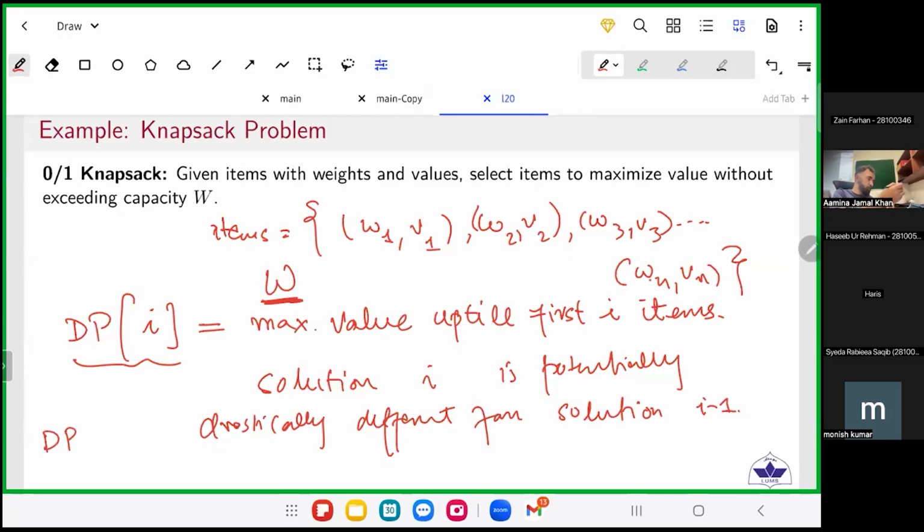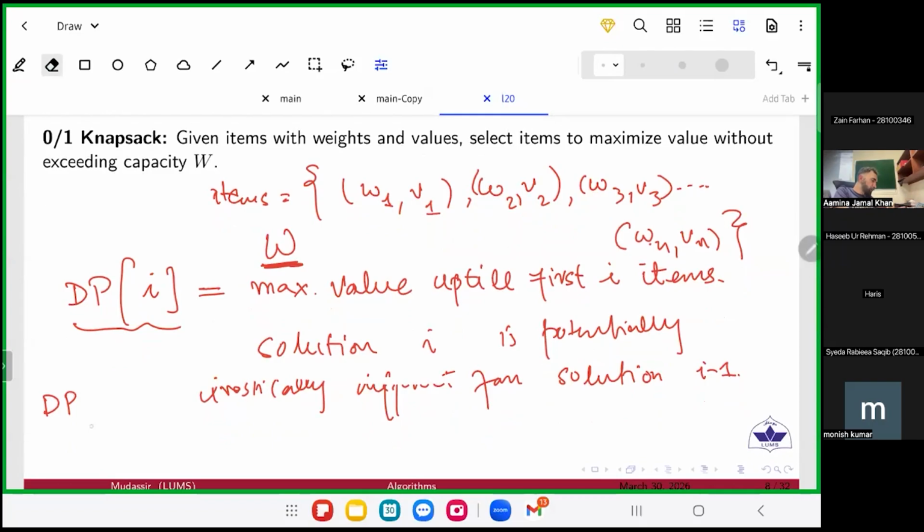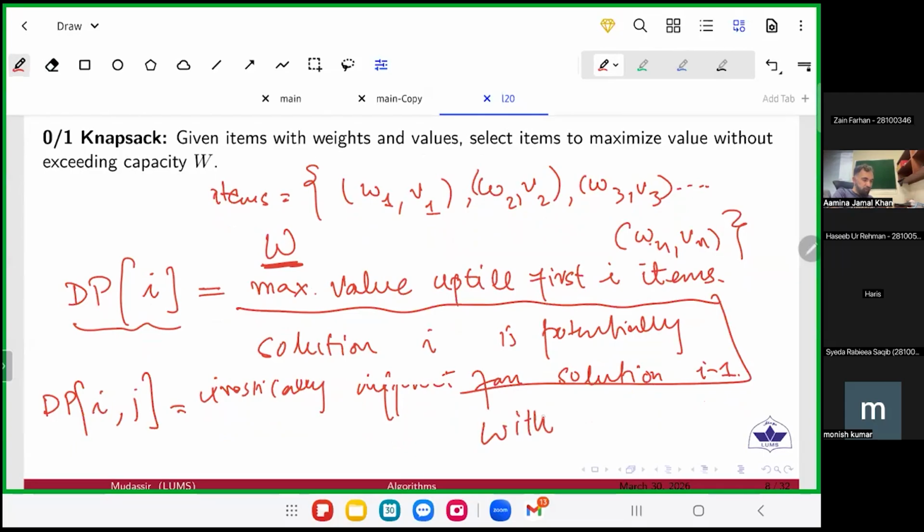Anyhow, okay, so what you want to do is store DP of I, J, which is the same thing, the solution achievable among the first I items with capacity J. Okay, and this is going to work for us.